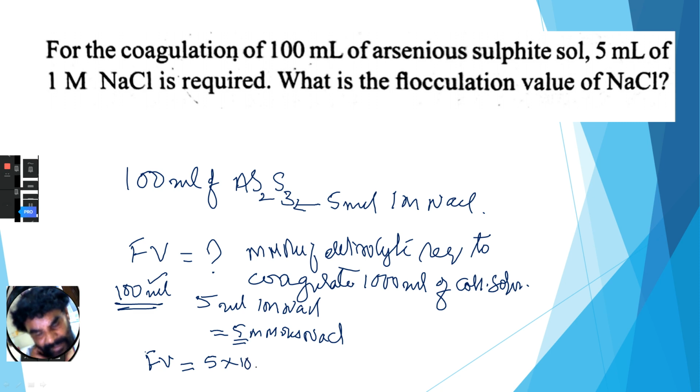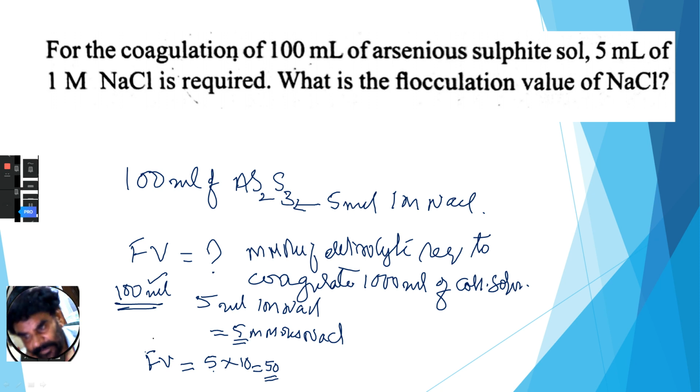Why are you multiplying by 10? Per liter we have to calculate. For 100 ml, 5 millimoles is required. For 1000 ml, 1000 by 100 is 10, so 50 millimoles is required. This 50 is the flocculation value or coagulation value of NaCl for this colloidal solution.